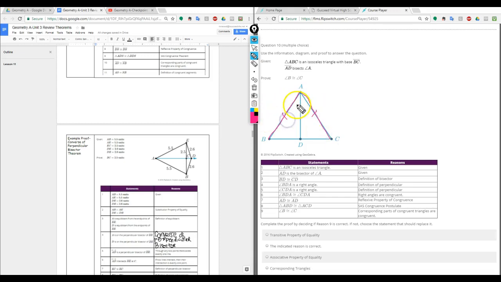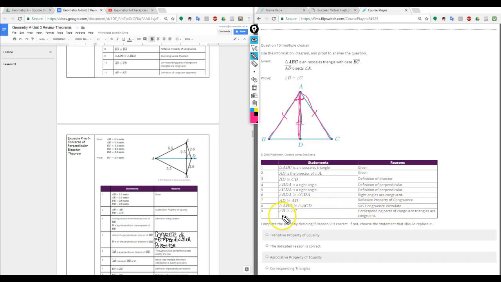So there's our side. Those are congruent. Our angle right here is congruent to this angle, CAD. And then the other side is AD. Since it's a side length in both of the triangles, it's congruent to itself. So there's our side, angle, side congruence postulate.